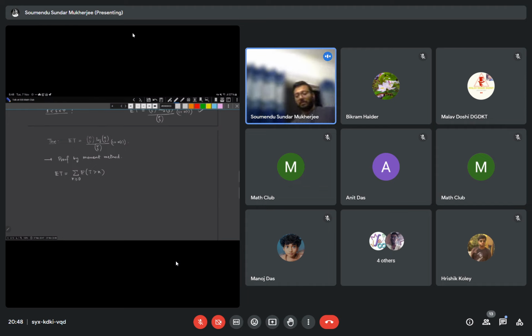So expectation of T is basically the sum of these tail probabilities, probability T bigger than k. So we'll relate this to a certain count random variable.